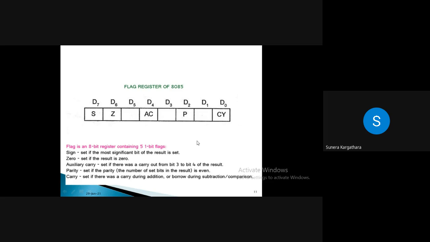Now out of these 8 bits, the position is fixed for each and every flag. Again, I am repeating, your flag register is 8 bits.